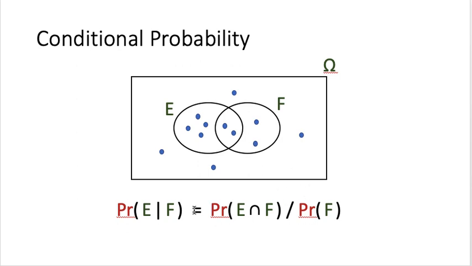Given F, we restrict our attention to only those outcomes within F, and then we want to find the ratio between the outcomes within the intersection of E and F and the outcomes in the whole F.